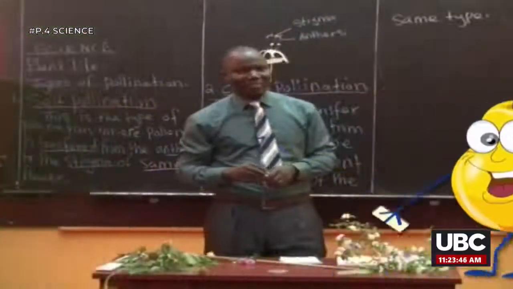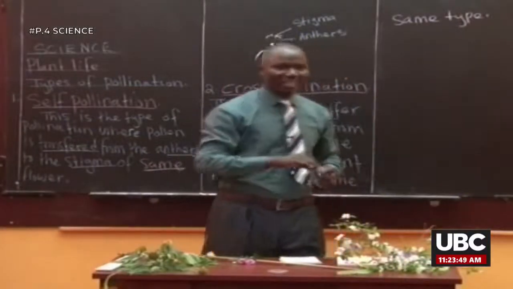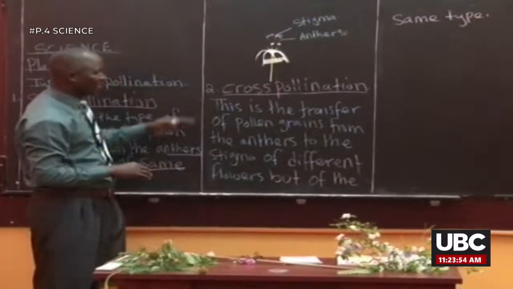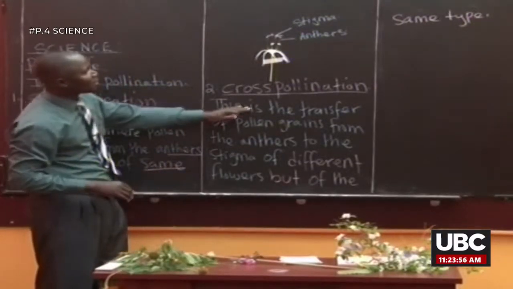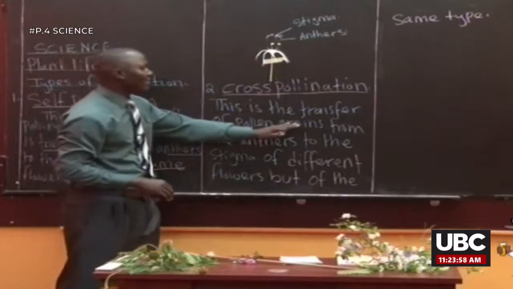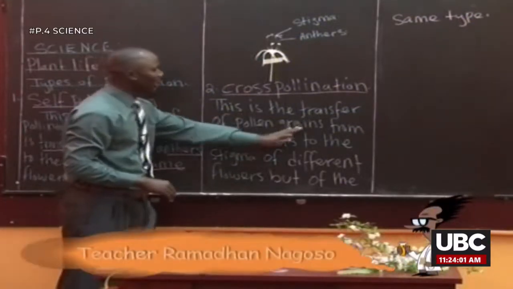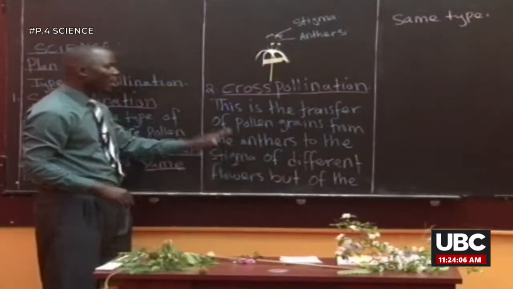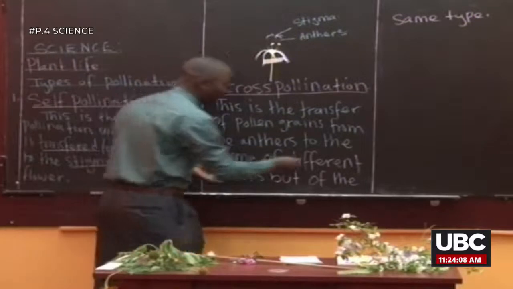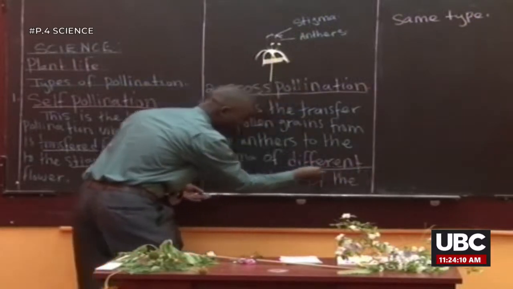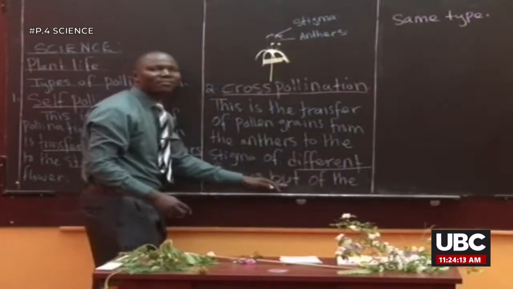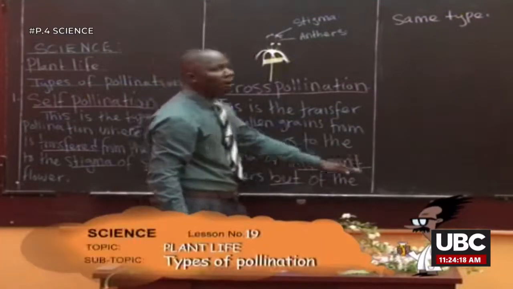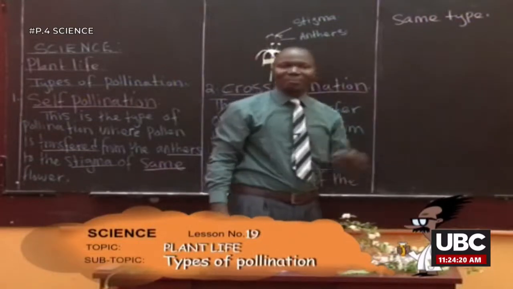Welcome back from that short break, children. Before I went for the break, I had written a statement on the blackboard. Can we try reading together? We said cross-pollination, this is the transfer of pollen grains from the anthers to the stigma of different flowers, but they must be of the same type.